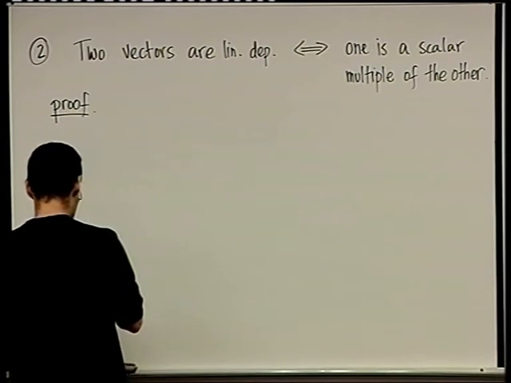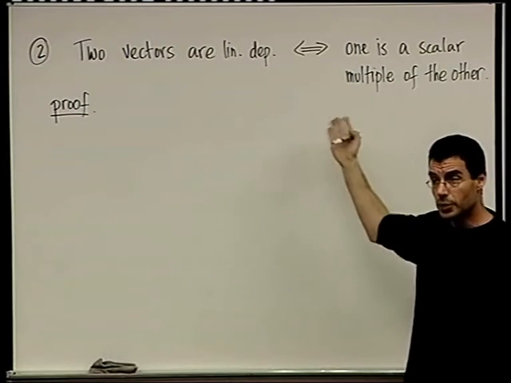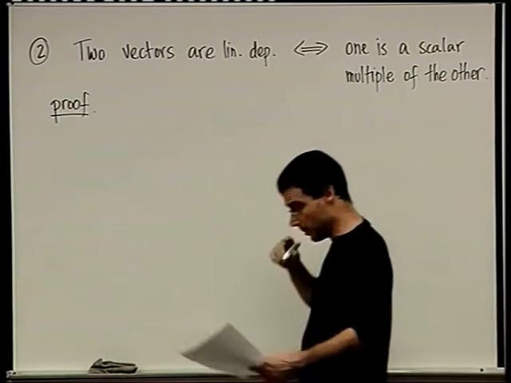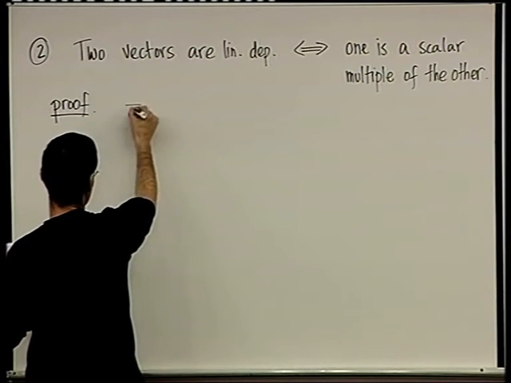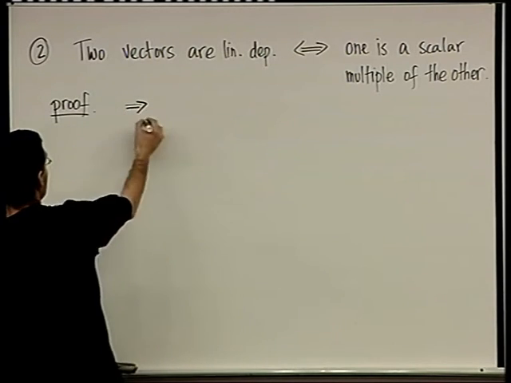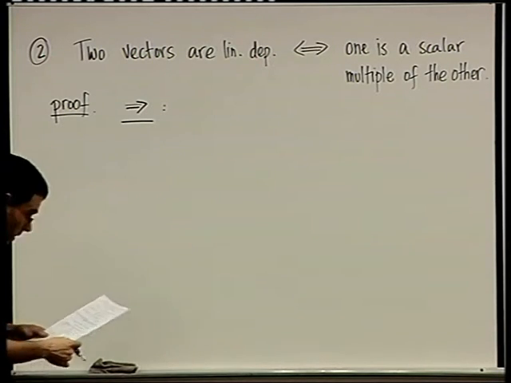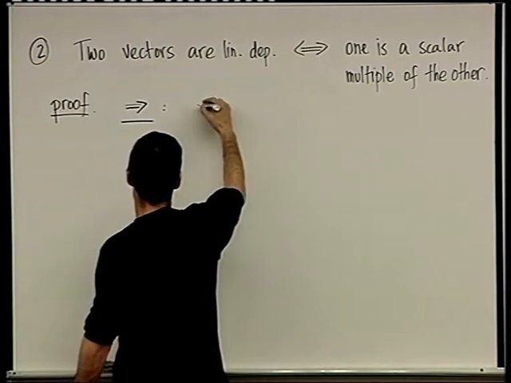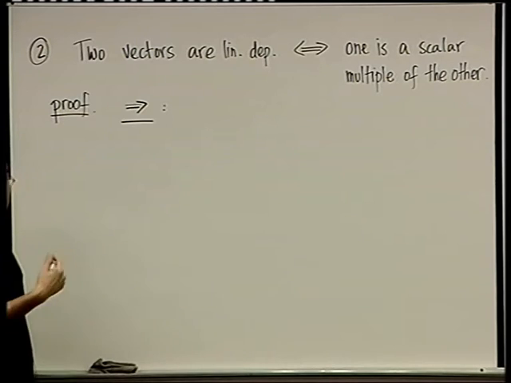Okay, so we need to prove two things here, two directions. These are two statements in one. Okay, so let's start by proving this direction. So suppose we have two vectors that are linearly dependent. We have to show that one is a scalar multiple of the other. So what does it mean that they're linearly dependent?